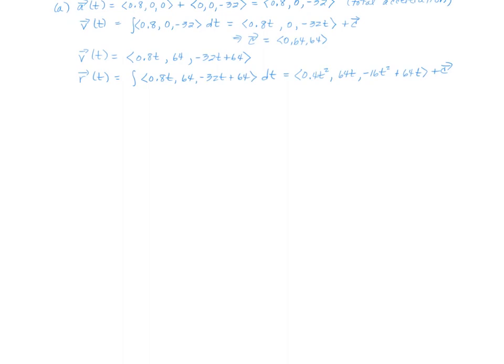Now remember that my initial position was the point 0, 0, 0. So that tells me that my initial position is this vector 0, 0, 0, which also tells me that that's my constant vector c.